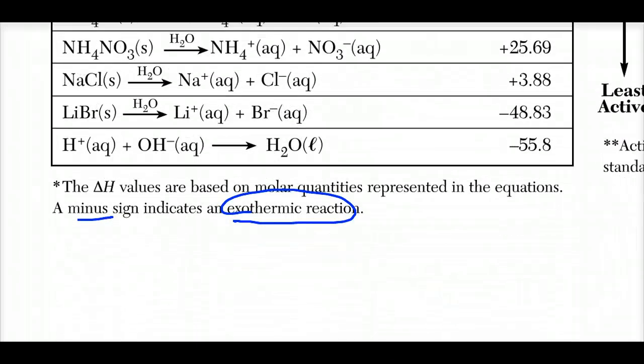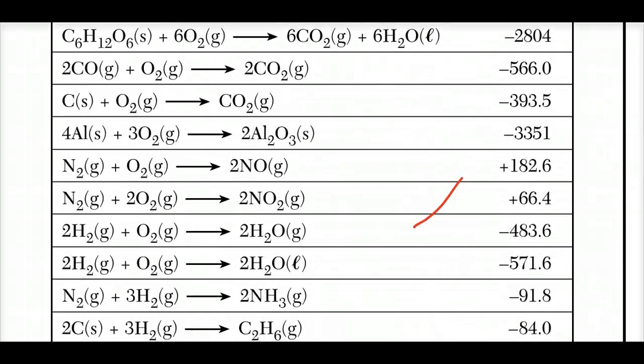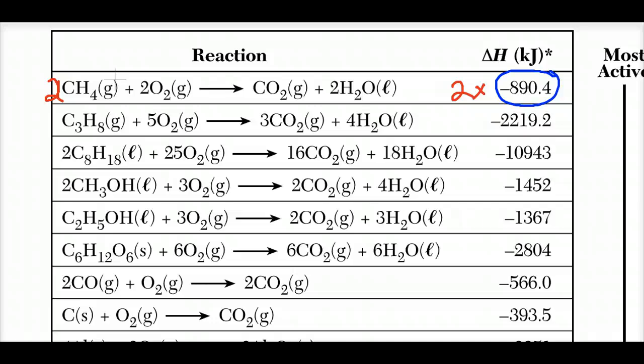The bottom of this table says that the delta H values are based on molar quantities, based on the balanced reaction. For instance, for octane, gasoline, for every 2 of these, that's how much energy is released. So if they wanted it per 1 mole, you divide by 2. Or if I have 0.8 moles of propane, how much energy is released? Well, this is per 1. You can do a proportion or just multiply by 0.8.